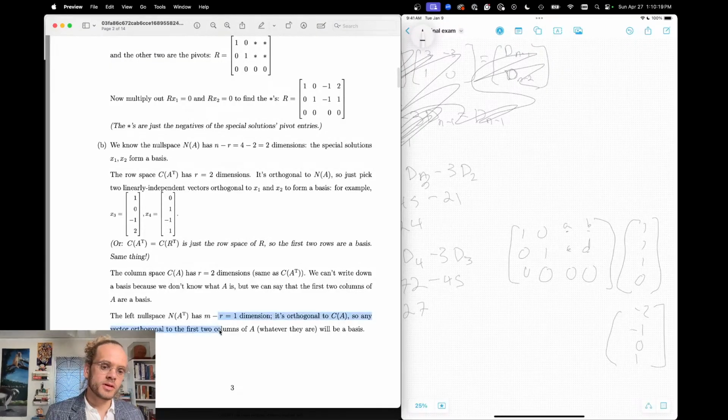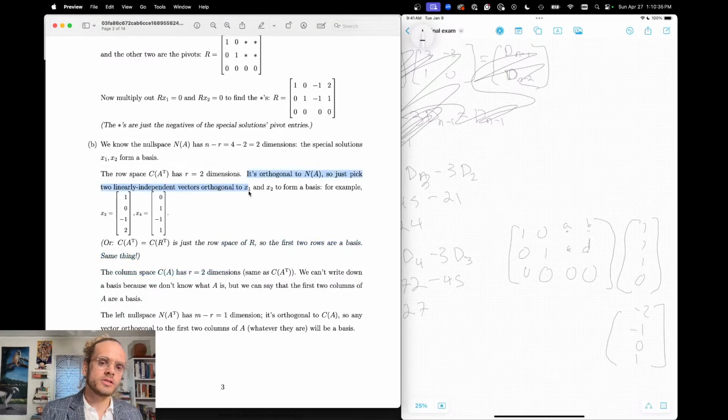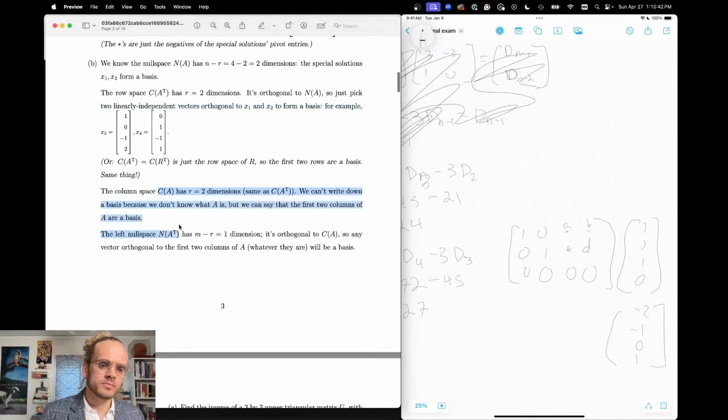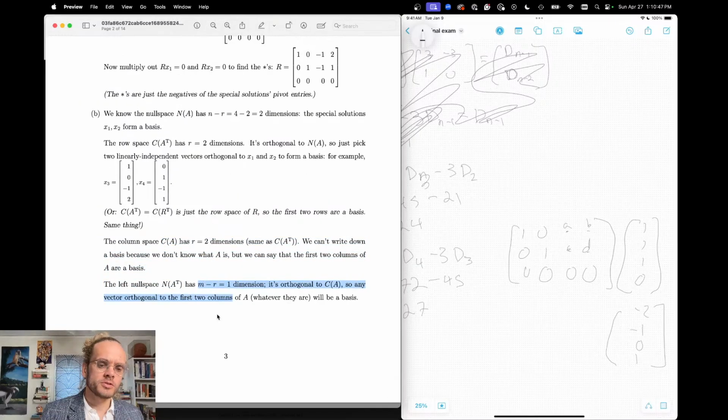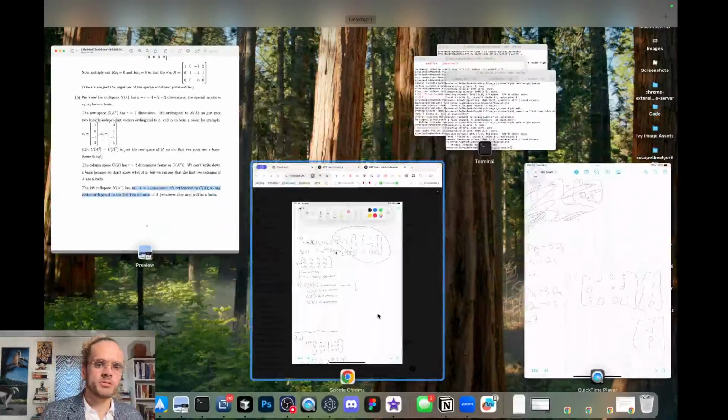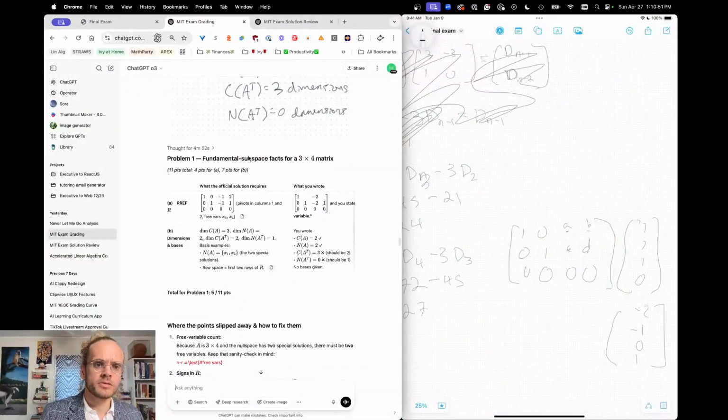The left null space has... I see. The row space has r equals 2 dimensions. It's orthogonal to the null space, yeah. So I pick 2 linearly independent vectors orthogonal to x1 and x2 to form the basis. The left null space has 1 dimension. Why did O3 give me so many points off on this one? I'm curious.